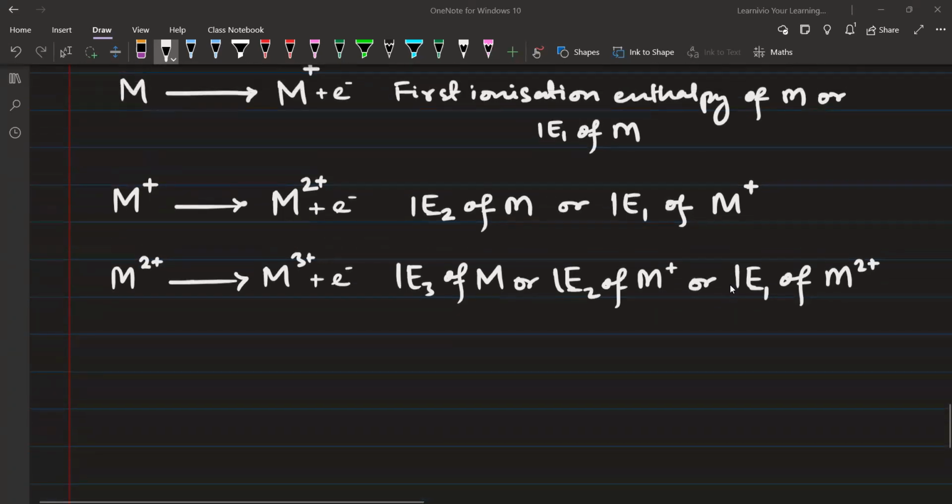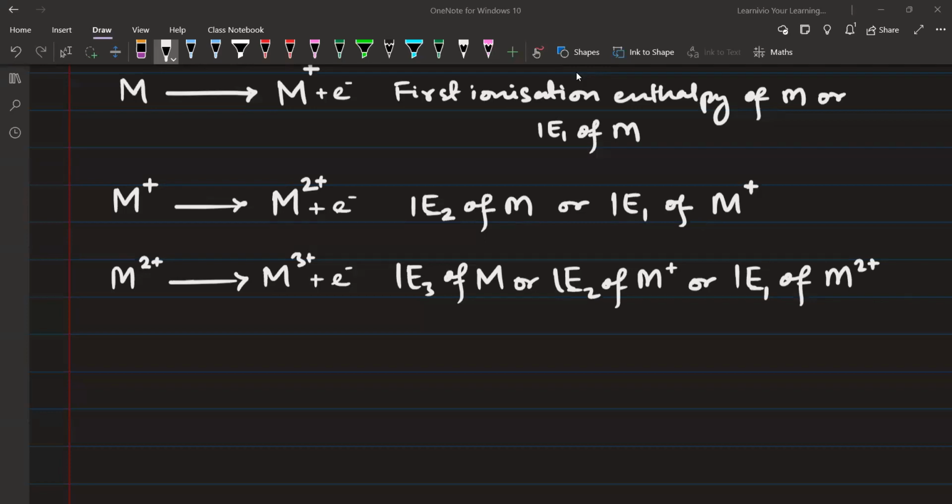Also, the next point. This is known as successive ionization enthalpy, and I hope you can understand that the removal of the first electron will be the easiest compared to the successive ionization enthalpies, because once we remove one electron, we have fewer electrons and the protons are still the same. So those protons will attract the electrons more effectively. If you remove one more electron, the protons are still the same, but the electrons have reduced even more. The pull from the nucleus will be even higher if you have removed two electrons, and so on.